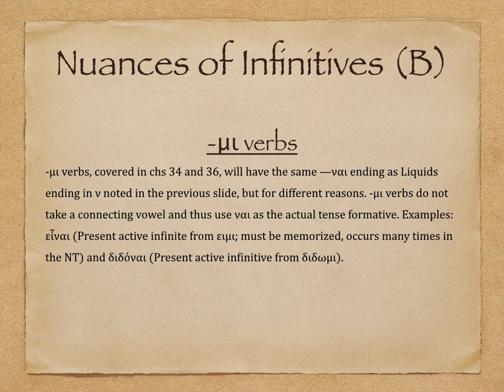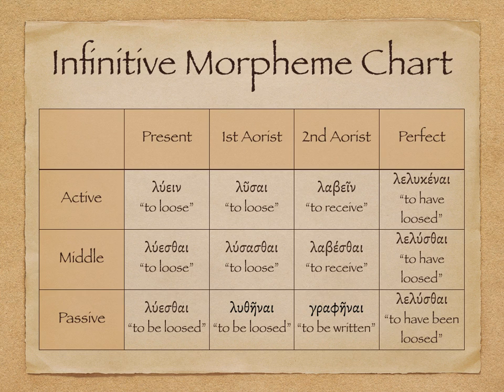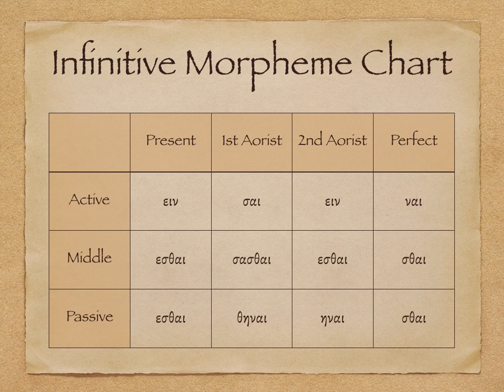And didonai, present active infinitive. We're used to seeing ein, but mi verbs will not take that epsilon iota nu in the present active. They will actually look like which tense stem? They look like perfects. See the nigh there?